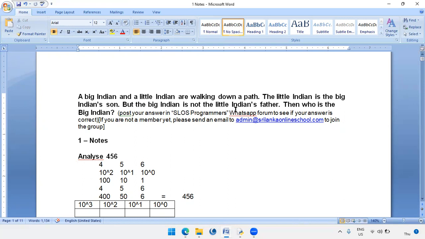Then who is the big Indian? So if you know the answer, post your answer in the SLOS programmers WhatsApp group to see if your answer is correct.